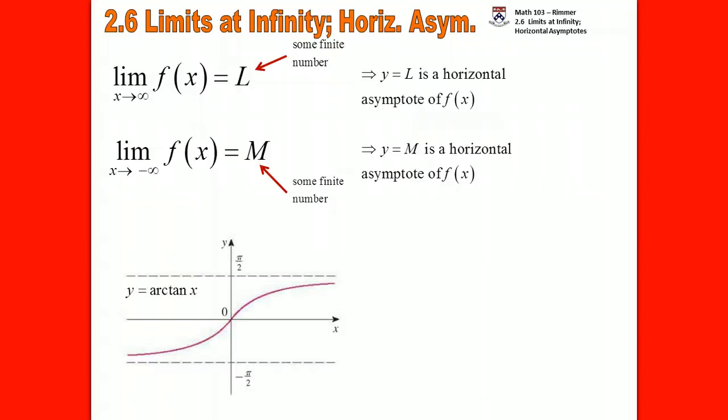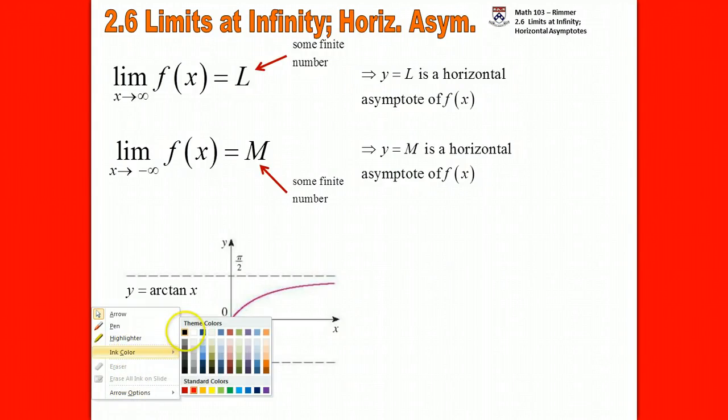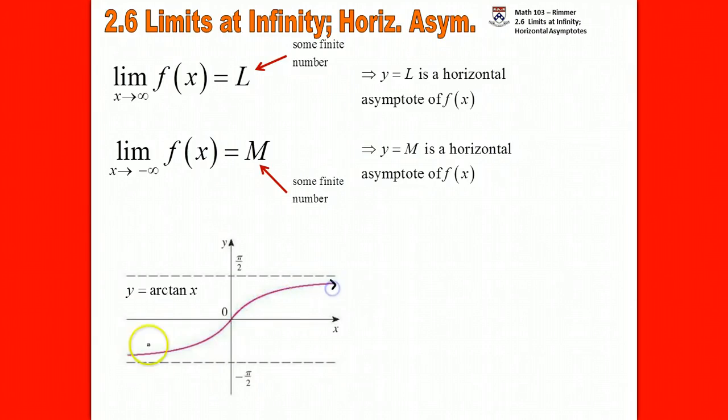Okay, here's an example of where it happens, not the easiest example, but we had said back when we were reviewing arctan that it has this graph where it goes on forever and it has a limit. I said one of the things that we definitely needed to know is that as x goes to infinity, it has a limit. As x goes to minus infinity, it has a limit.